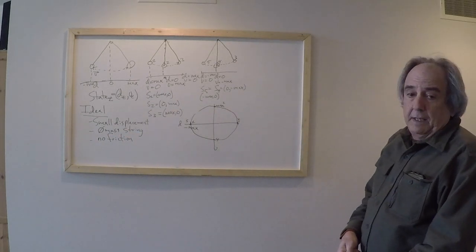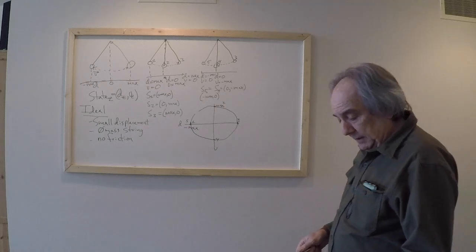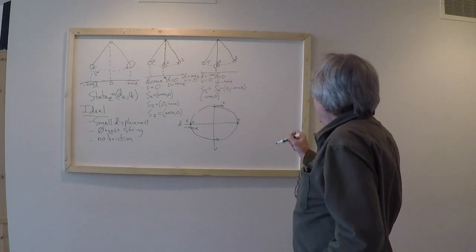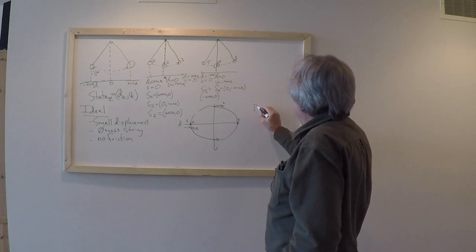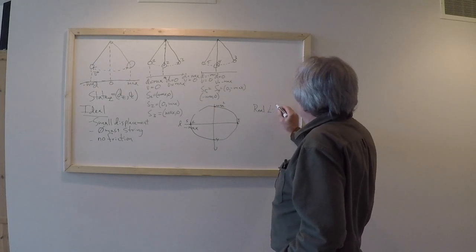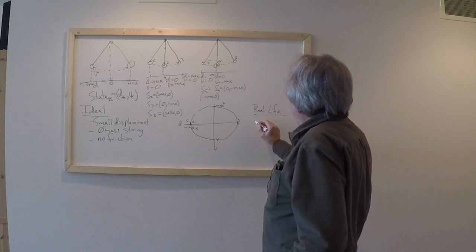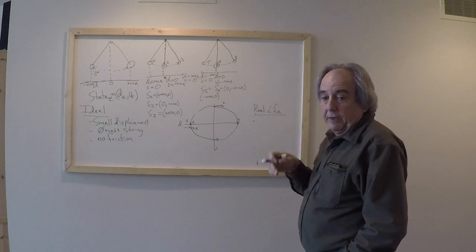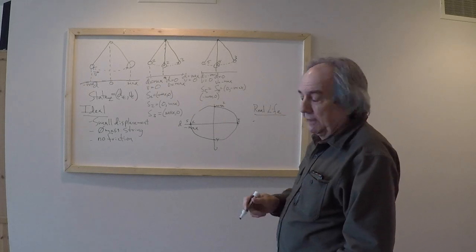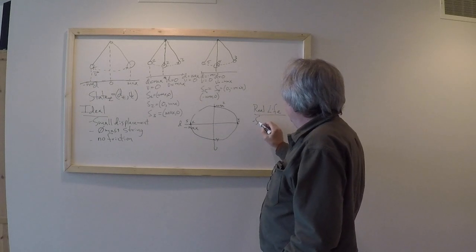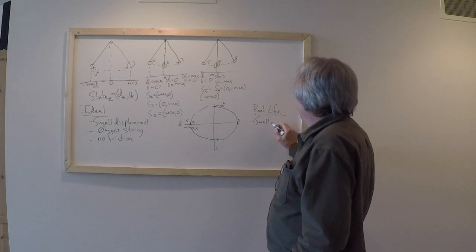Now, in the real world, I can get rid of this now. In real life, pendulums usually have small displacement. If you swing on a swing set, that's small displacement still, barely.